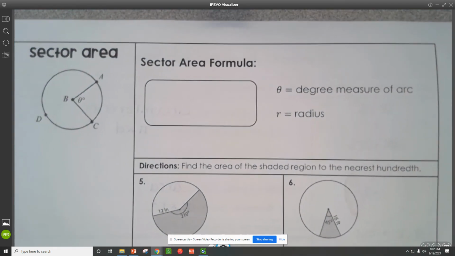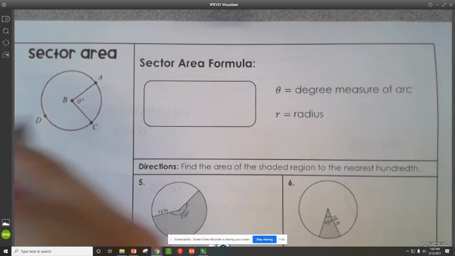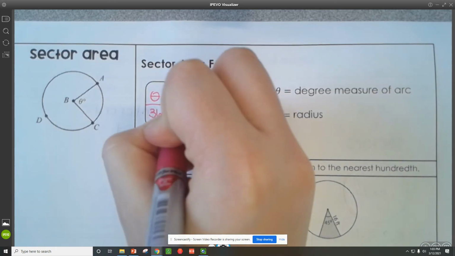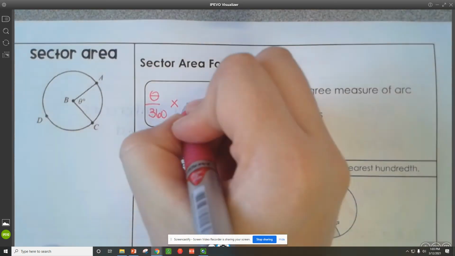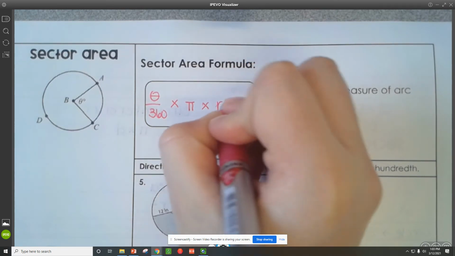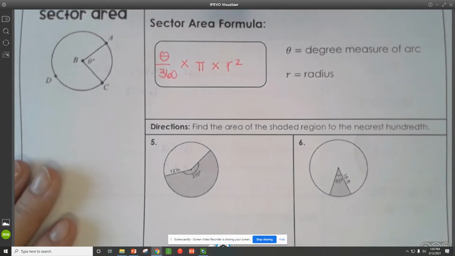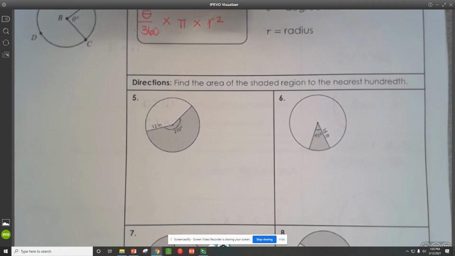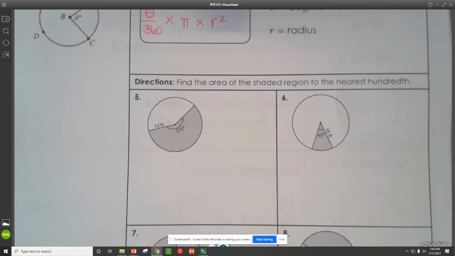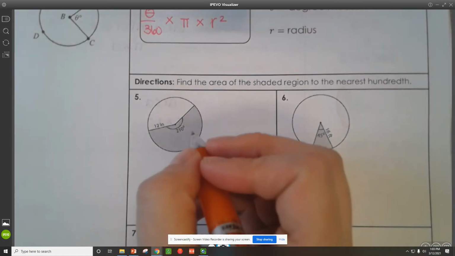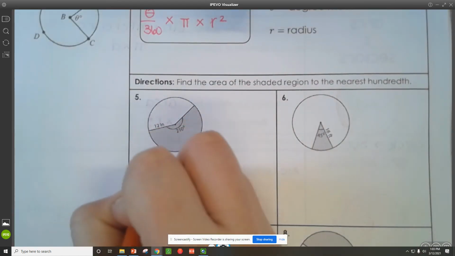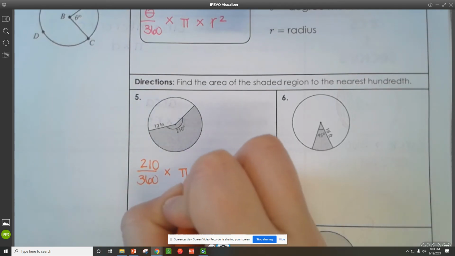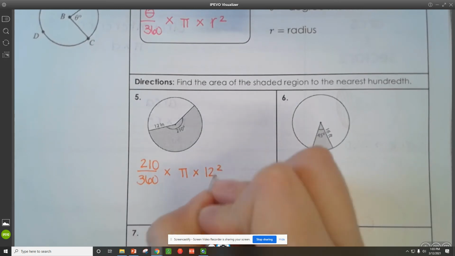So this is just like arc length. We start with our angle over 360 times our area formula, so pi times r squared. Number 5. The angle is 210 out of 360 times pi times r squared.